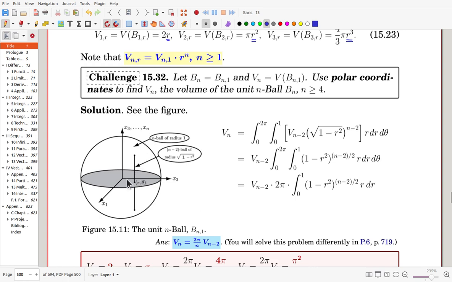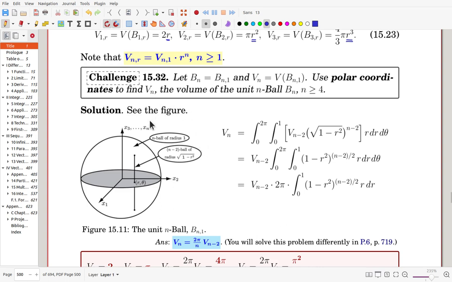Then, in this plane, we try to use polar coordinates so that each point is (r, theta). For each point (x1, x2), the whole volume looks like the height is an (n minus 2)-ball of radius square root of 1 minus r squared.